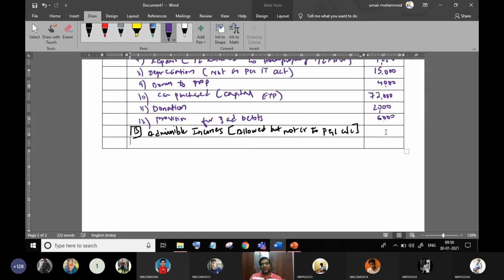Because you will also find in the P&L account interest on government securities, interest on bonds, interest on savings bank account. But that is not related to sales. That is investment. You have invested money in securities, you're earning interest. That is non-business income. But this interest is received from debtors to whom we have sold the goods on credit and they have not paid on time. So we are charging them interest.